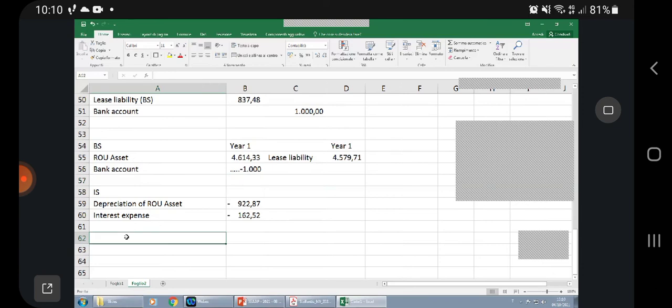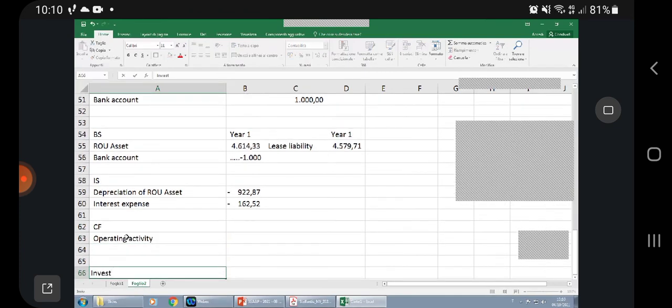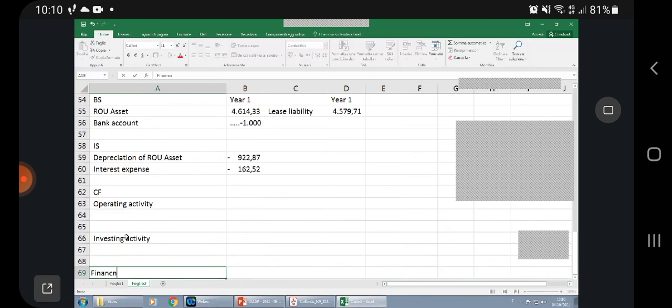If we want to prepare the financial statements, in the financial statements there is also the cash flow statement. And in the cash flow statement, keep in mind that we have the operating activity, the investing activity, and the financing activity.